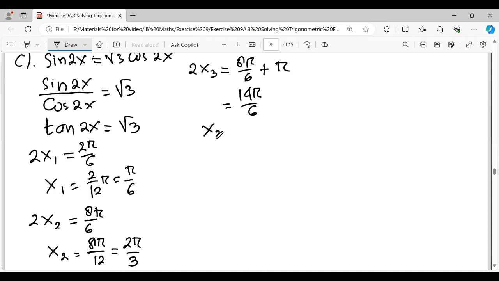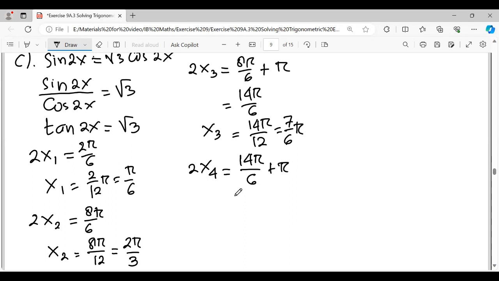So the third x equals 14 pi over 12, 7 over 6 pi. x4, 14 pi over 6 plus pi.